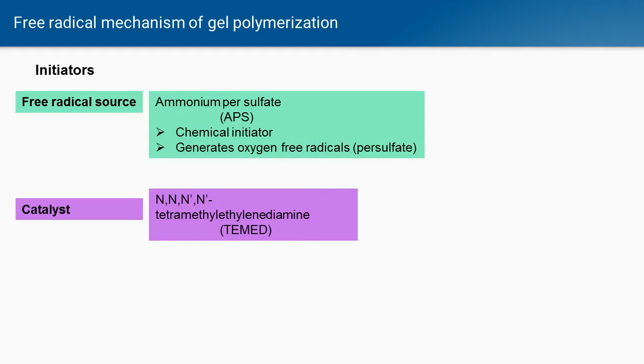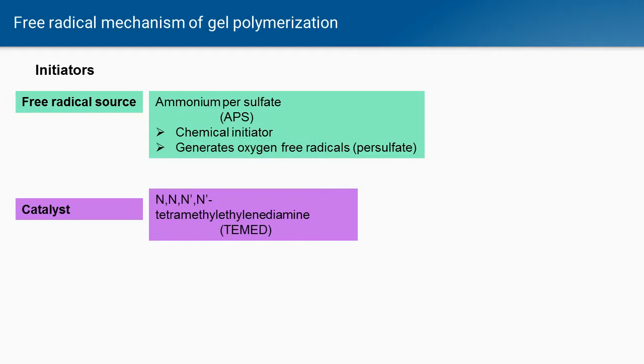It generates oxygen free radicals, which are persulfate radicals. TEMED acts as a catalyst. It reduces the activation energy required for the formation of free radicals, and ammonium persulfate generates the persulfate free radicals.